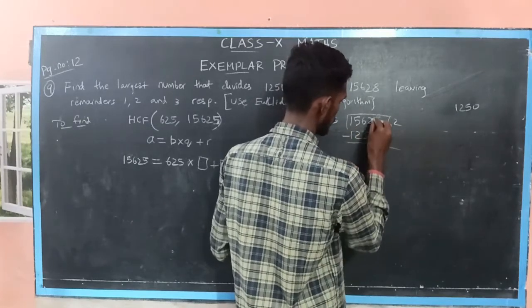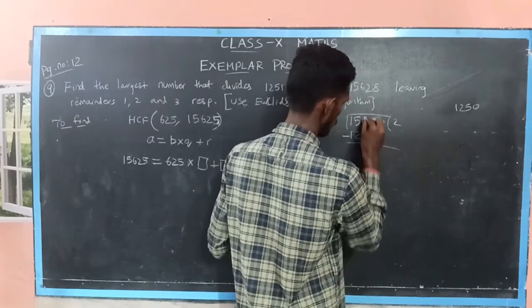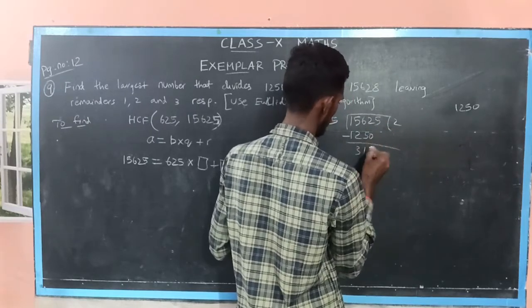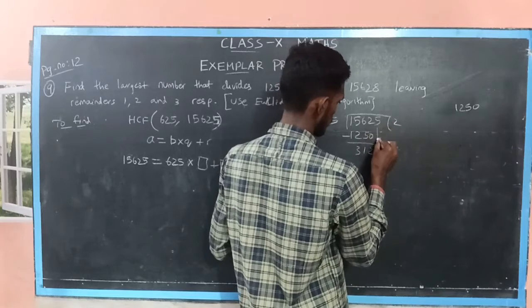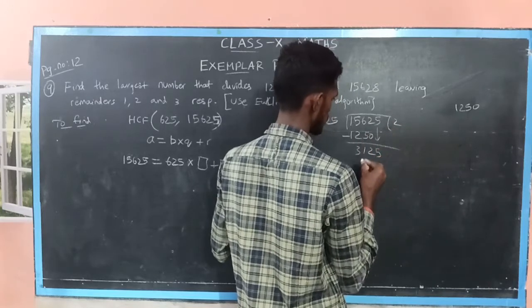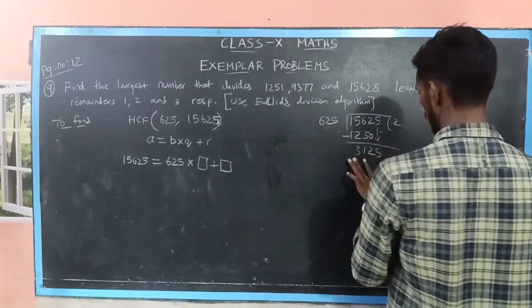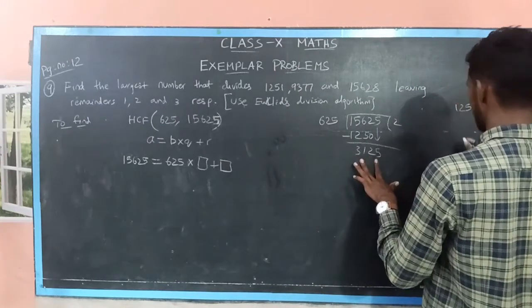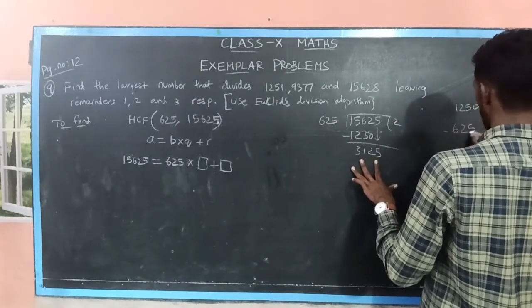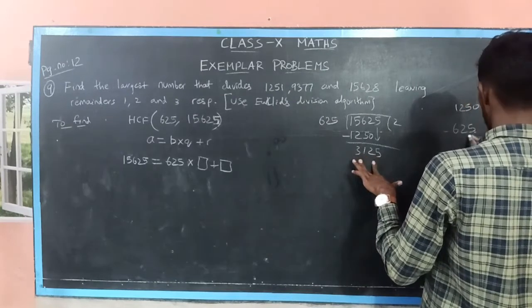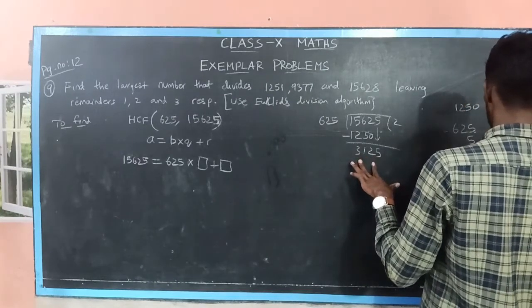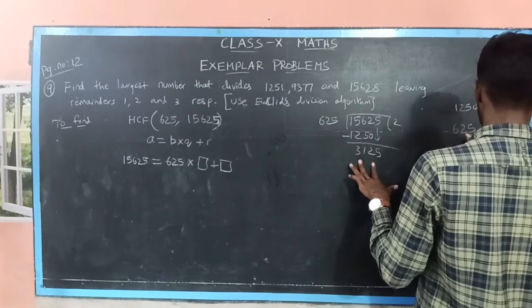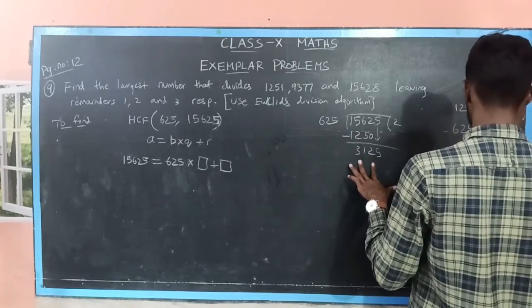So, 625 into 2 becomes 1250, the quotient is 2. Subtracting these values and dropping down the 5, it is 3125. Let me try 625 into 5: 5 fives are 25, balance 2, 5 twos are 10 plus 2 is 12, balance 1, it is 3125.